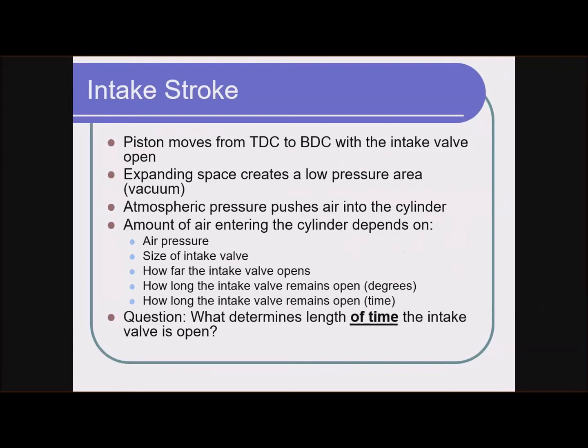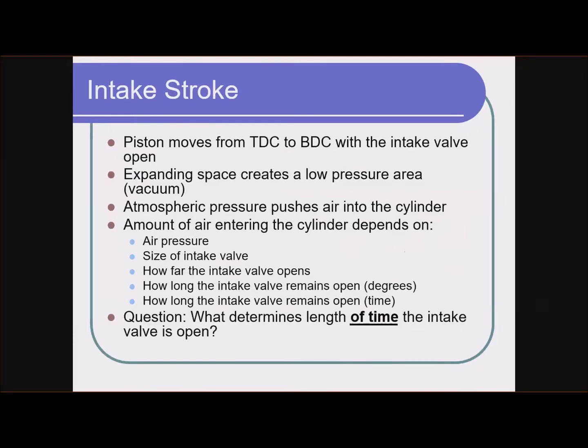That's one thing that you're going to find throughout the entire discussion of engine performance, is that engines are designed for a purpose. Some engines are designed for low RPM, high torque operation, and some engines are designed for high RPM, so not so much high torque, but high RPM. Next thing, how long does the intake valve remain open?